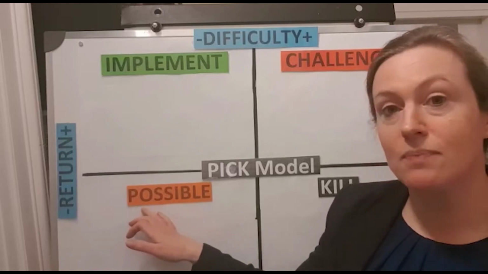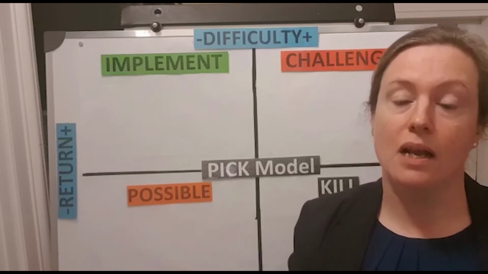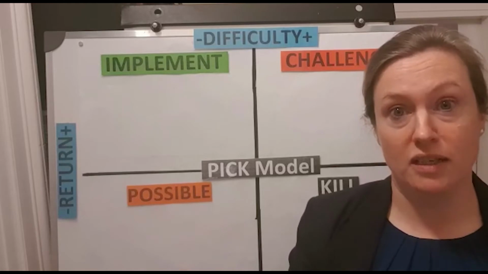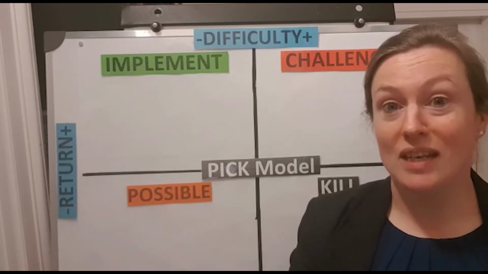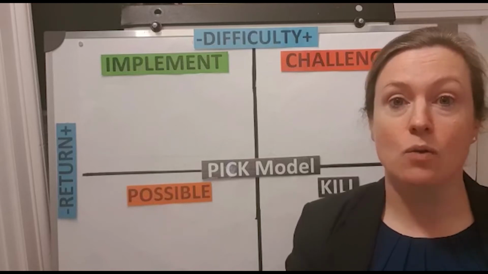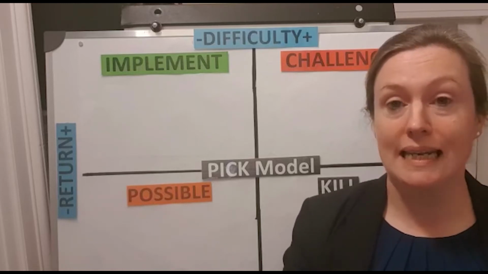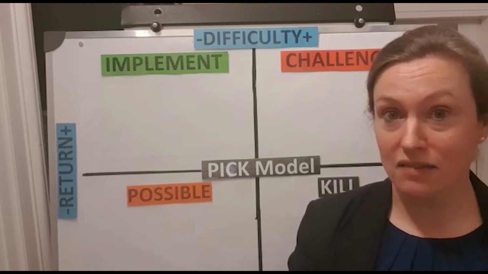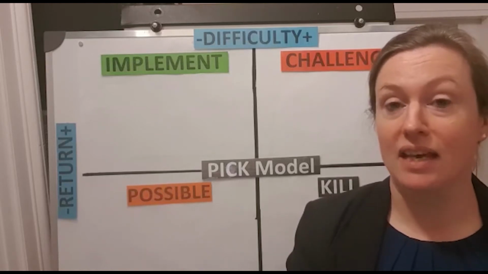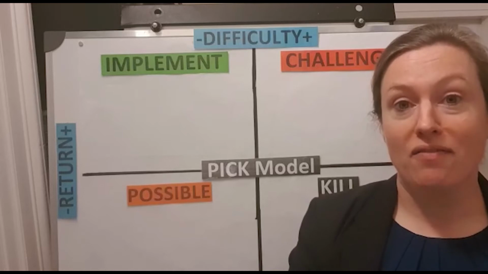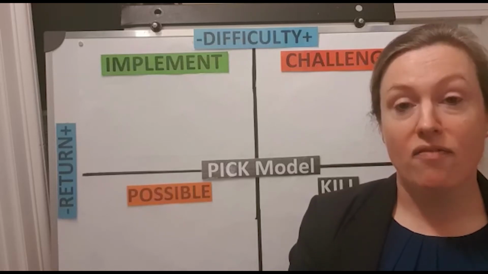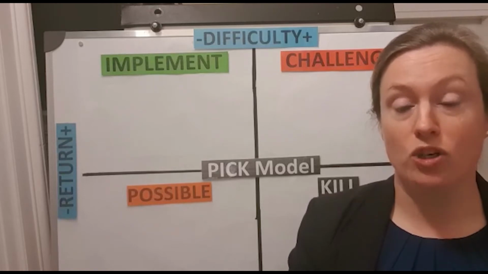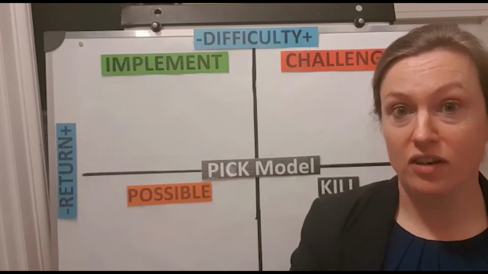The first P of PIC is possible. Possible is low return and low difficulty, which means it requires volume, because if something is low return, you need a lot of it to get the return. The typical one in a dairy business would be 1 litre of milk. 1 litre of milk is not difficult for a dairy farmer to produce because they have the cows and they have the equipment. However, it's low return because it's only 1 litre of milk. And so dairy farmers milk in volume in order to get return on something that is low difficulty for them.